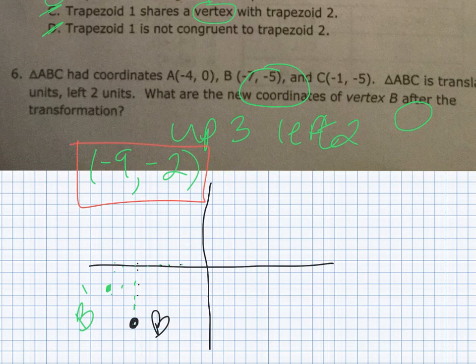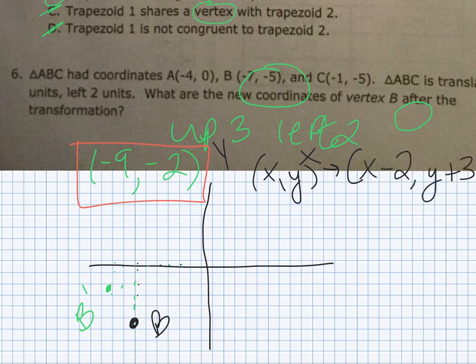Okay, so to do that without graphing, you can write the rule. Up 3, up is my y, left and right is my x. So my rule is going to be take x, y, my original point, and map it to x minus 2, y plus 3.